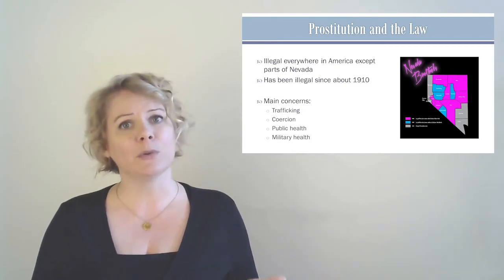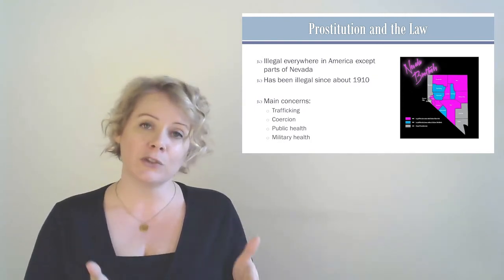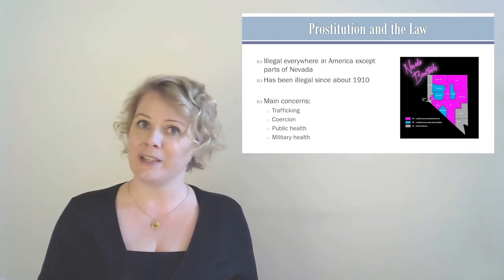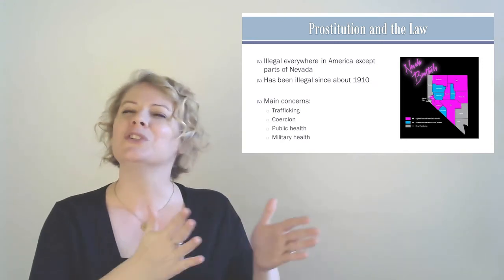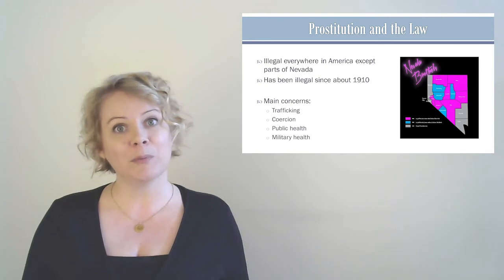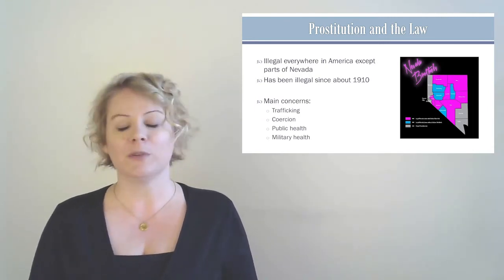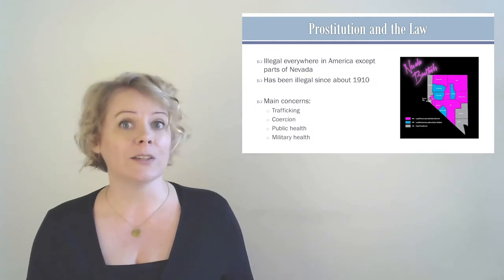The military was one of the first sort of social institutions to deal with prostitution by giving their soldiers not just condoms, but also penicillin, because prostitutes and soldiers do tend to travel together. As prostitution has been on the rise in different places around the world, sometimes they do change their public health concerns in terms of giving away condoms or trying to protect the sex workers themselves. So there are health concerns in addition to moral concerns in America.